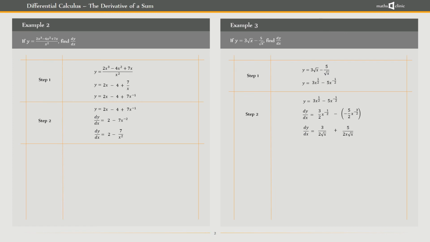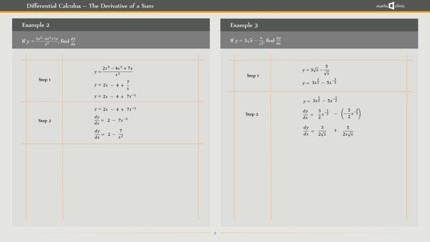x to the power of minus 3 over 2 would be 5 over x to the power of 3 over 2, and x to the power of 3 over 2 is x to the power of 1 multiplying x to the power of 1 over 2, if you follow, so x to the power of minus 3 over 2 is 1 over x root x.